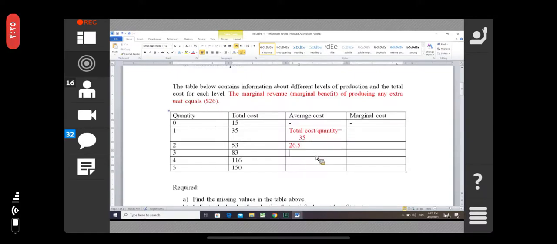Quantity equal to 3. Quantity equal to 4.